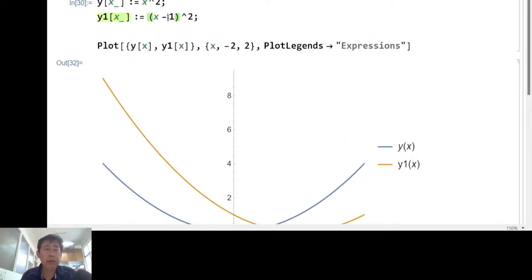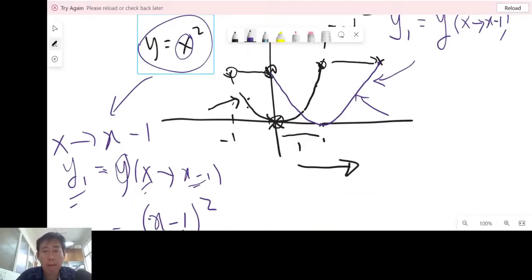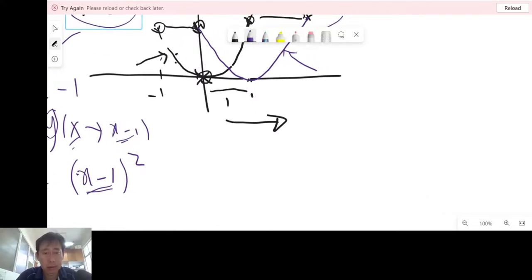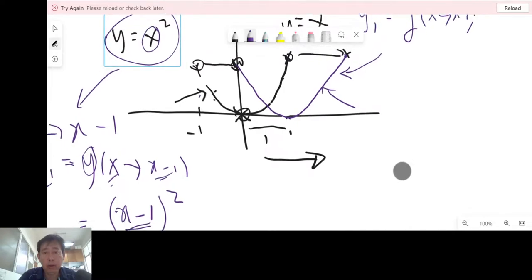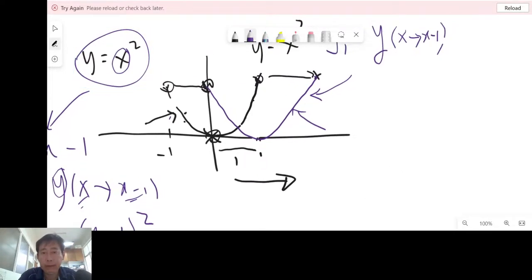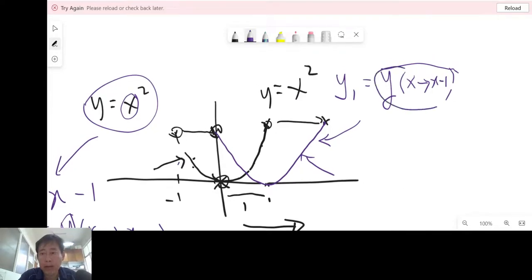In other words, if you were to shift it by say 2 units to the left, what you should do is just replace the x by x plus 2. Okay, so y1 is a function that is obtained from y by replacing x by x minus 1.